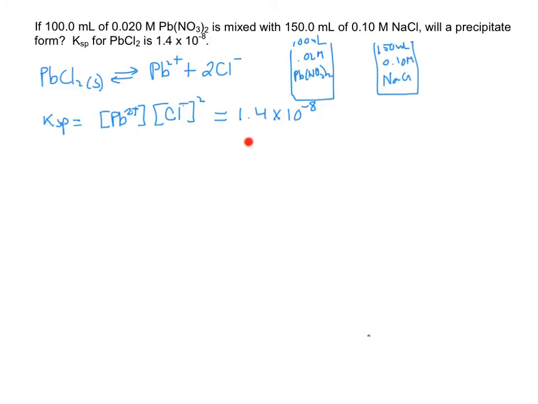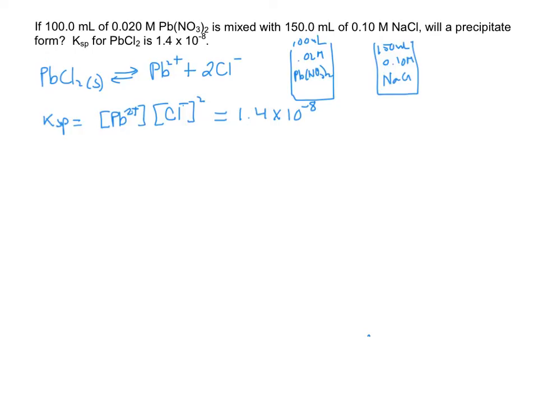So I can compare Q, which is my reaction quotient, this expression right now, versus when it's at equilibrium, and find out if I'm at equilibrium, so it's going to start precipitating, or if I'm before that, or if I'm after that and it's already precipitated.